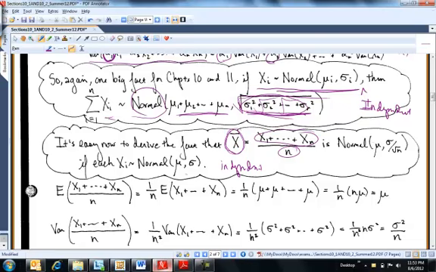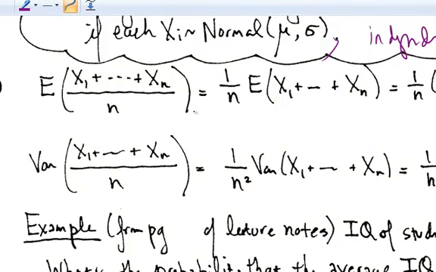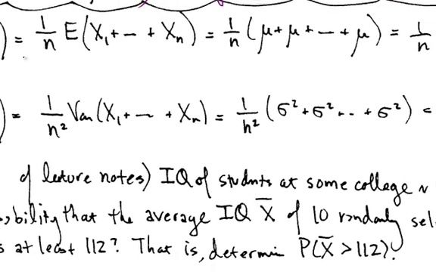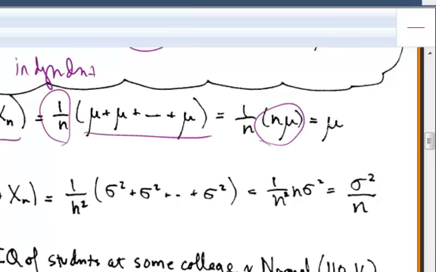Notice the expected value of x bar, I can pull out 1 over n, because if you have a constant you can pull it out front, just the sum of the expected values. So 1 over n, all of these are mu. 1 over n, that's n mu's, so this is mu.